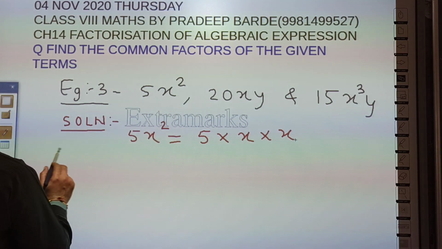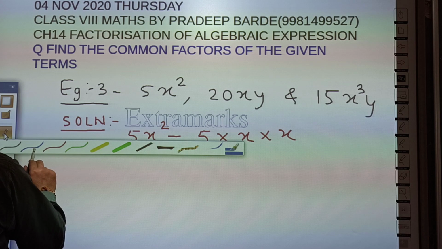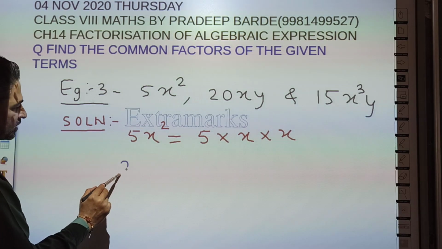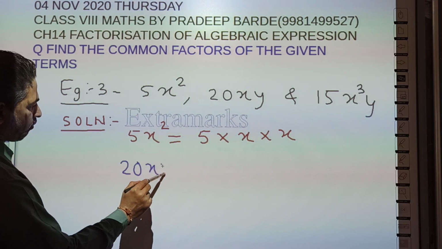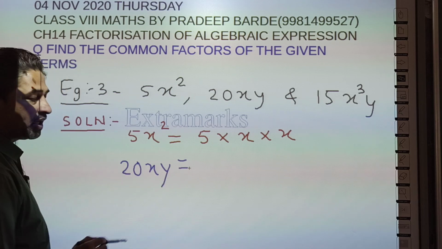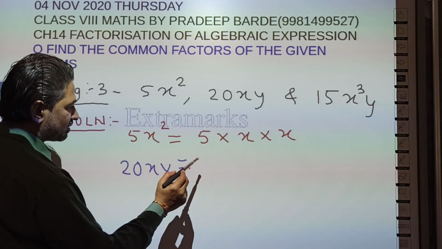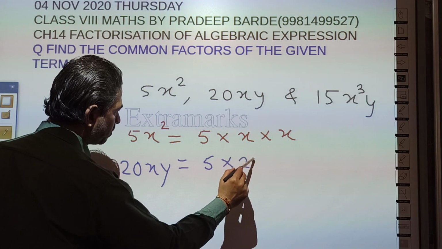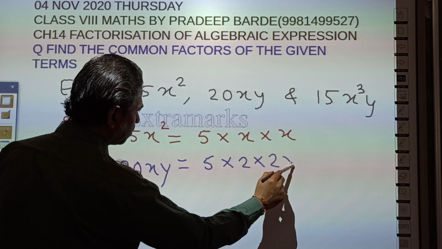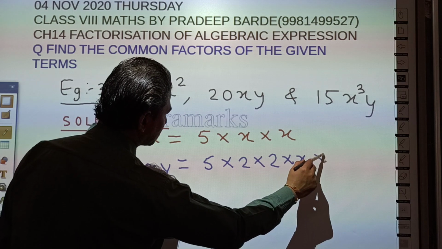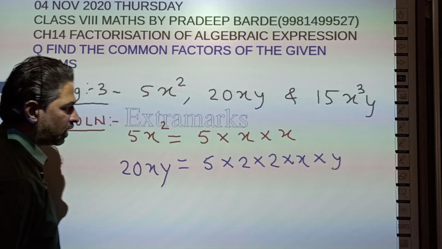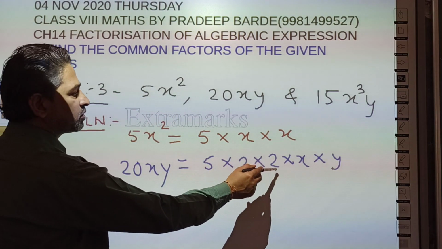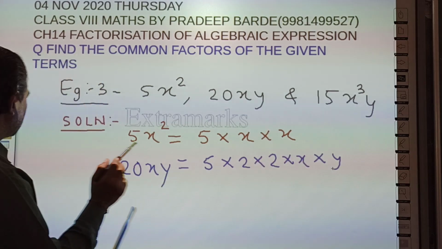Next one is 20xy. 20, we can write the factors as 5 into 2 into 2 into x into y. 5 2s are 10, 10 2s are 20, xy.